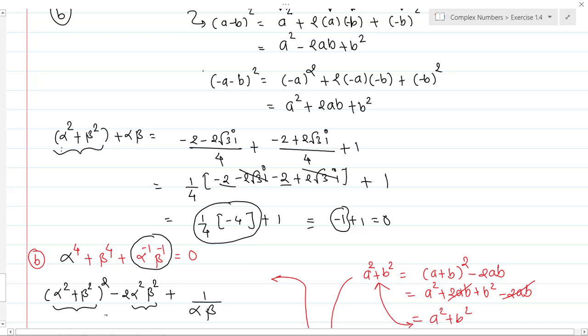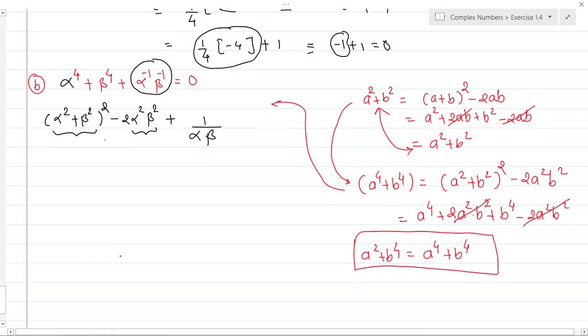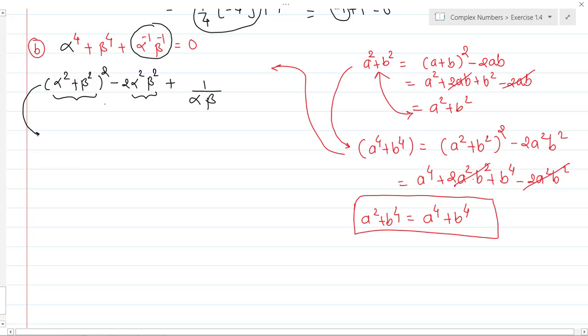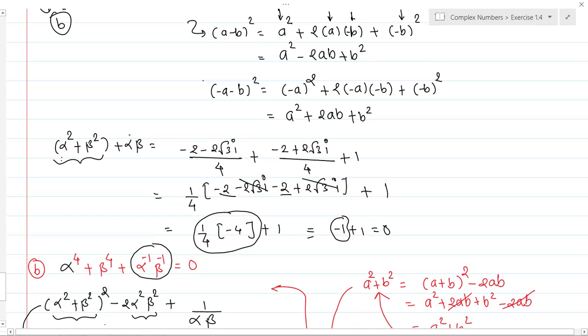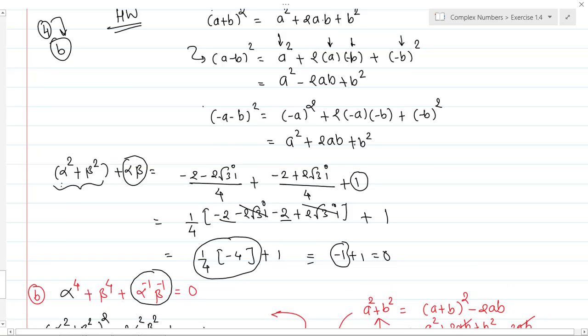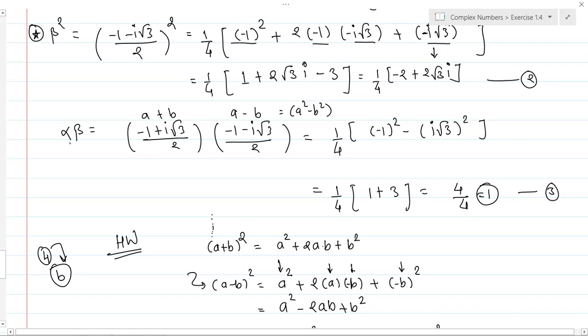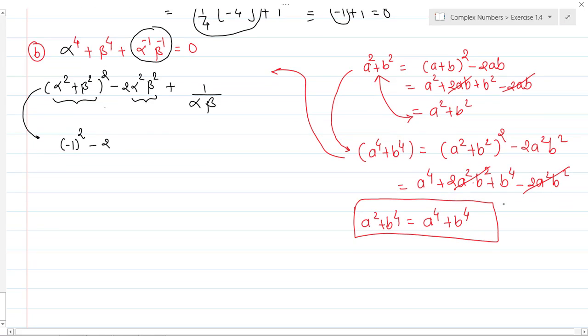Okay, so let me substitute that minus 1 here. So this equals (minus 1) square minus 2 into, what is alpha beta? Alpha into beta is nothing but 1. Are you getting this? See here, alpha into beta we proved yesterday, this equals 1. Okay, so let's substitute that.